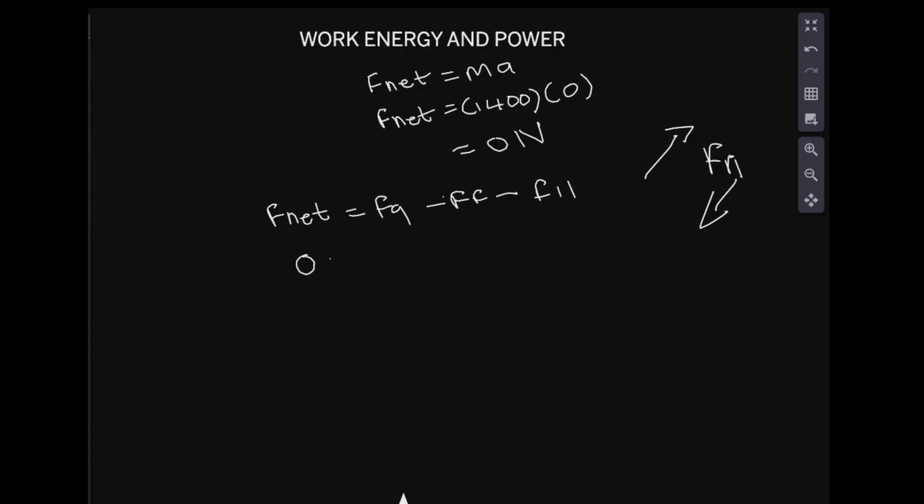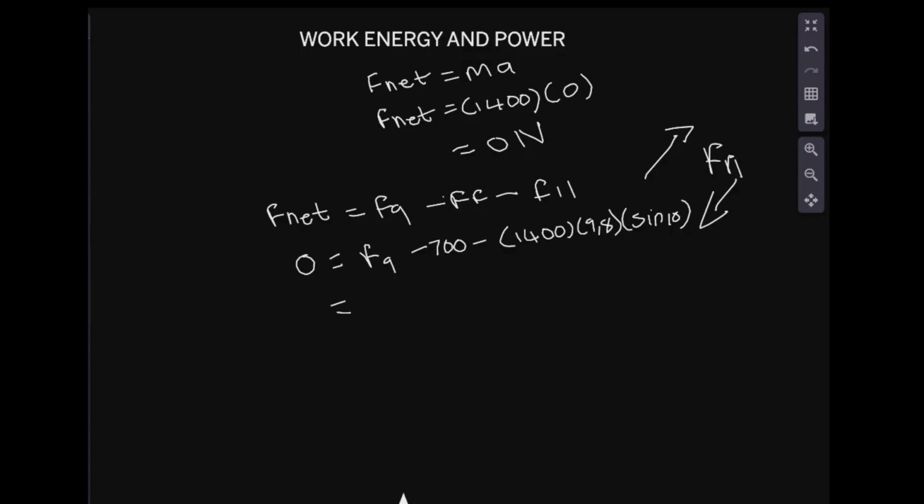So 0 is equal to F applied minus 700 minus what we just wrote of 1,400 multiplied by 9,8 multiplied by the sine of 10, which is negative 700 minus 1,400 times 9,8 times the sine of 10.